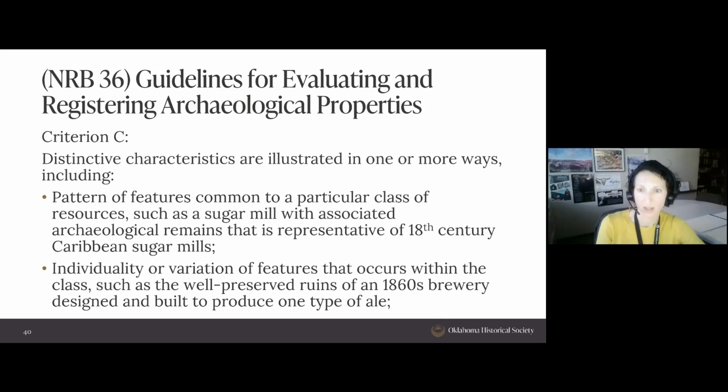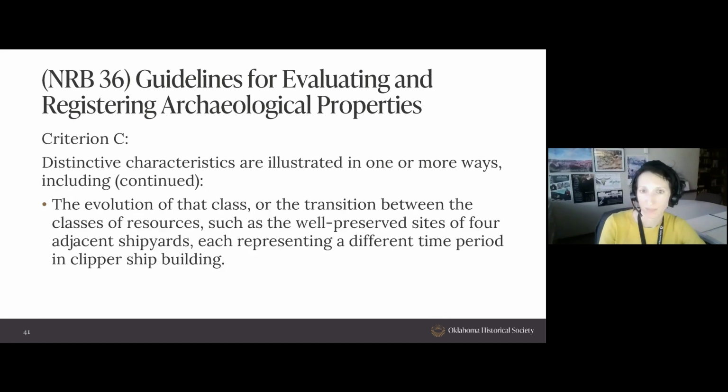For instance, the well-preserved ruins of an 1860s brewery designed and built to produce a particular type of ale. Or the evolution of a class over time, the transition between classes of resources, for instance, the well-preserved sites of 4 adjacent shipyards, each representing a different time period in clipper shipbuilding. So we're showing this transition from one type to another over time.